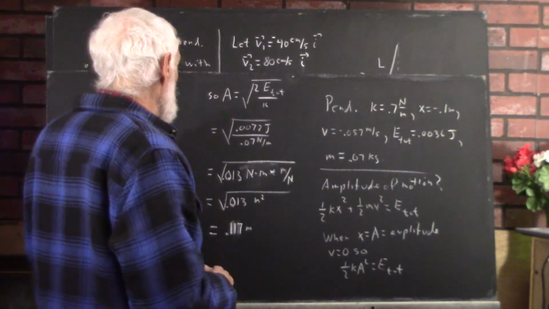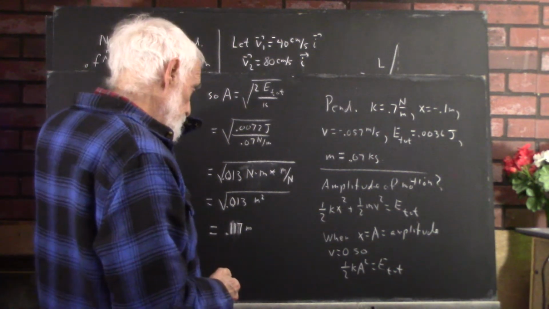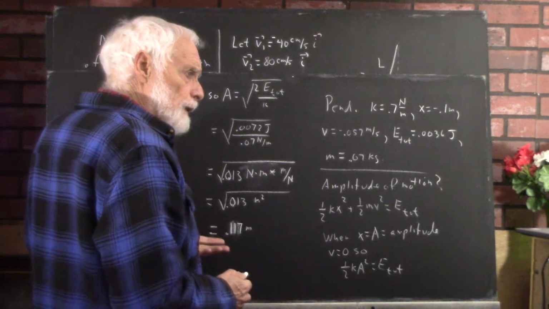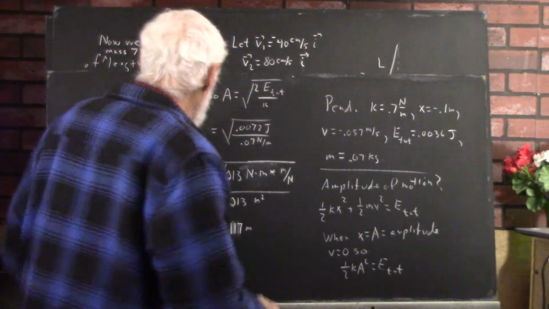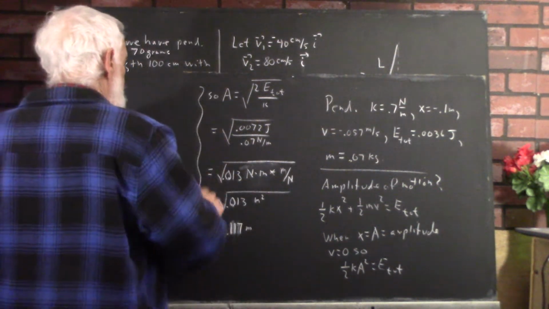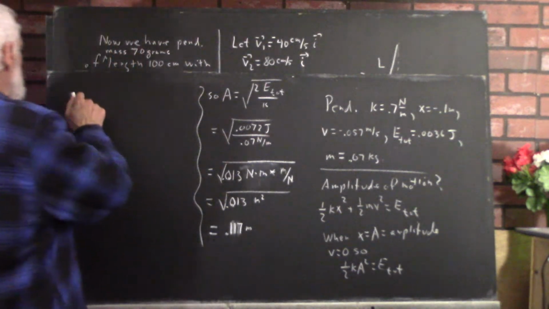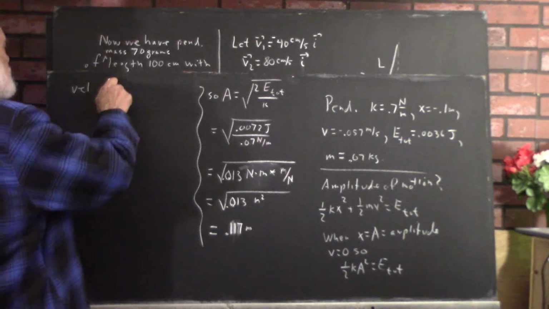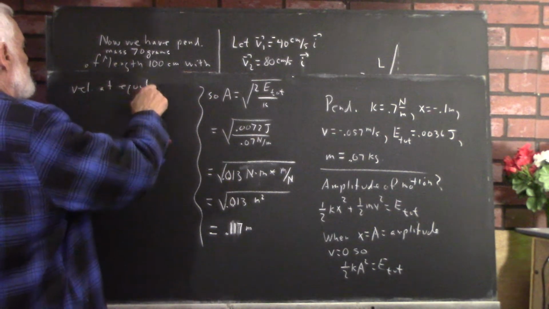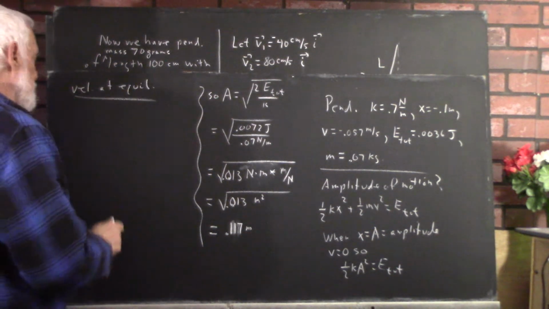Now we could go further with this into the simple harmonic motion. We could calculate the velocity at equilibrium. Now we can do that quickly. Velocity at equilibrium.